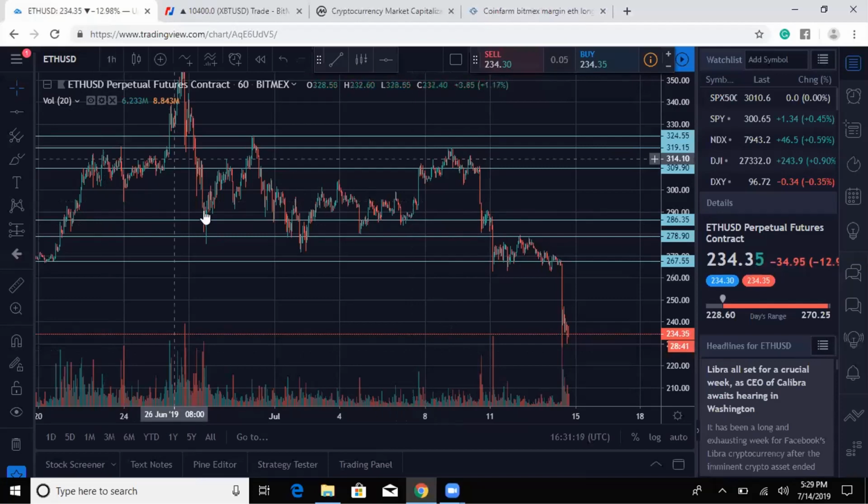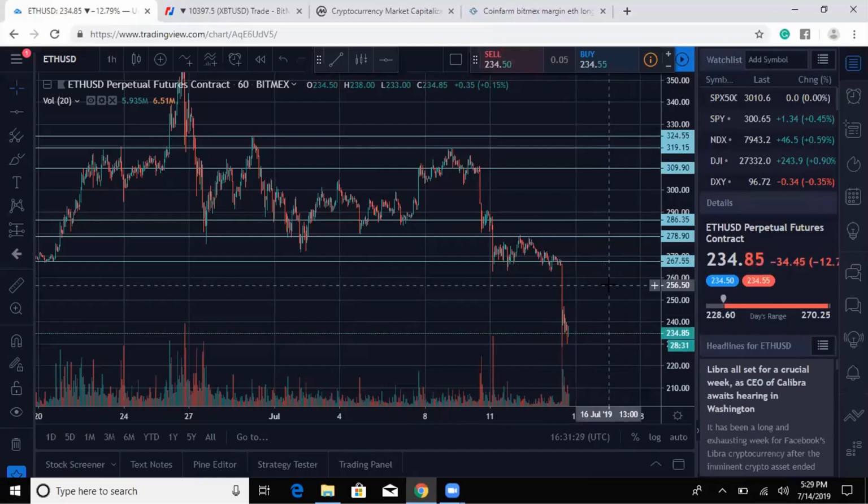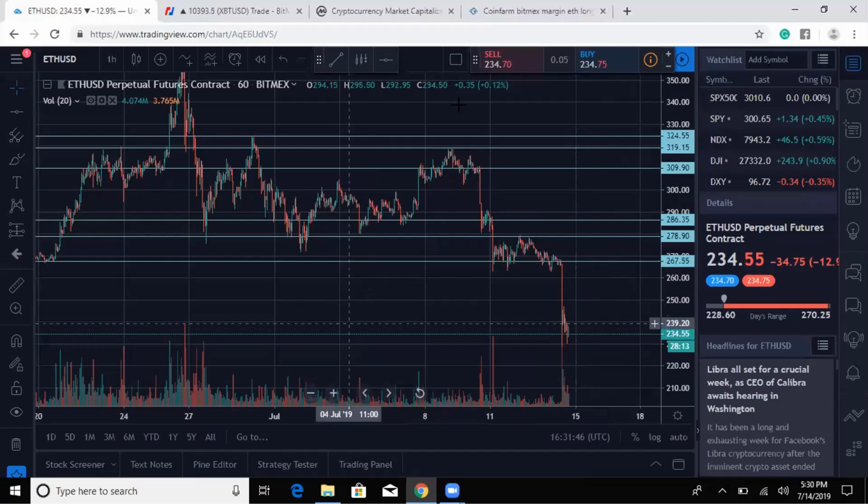If I'm trying to base my confirmation of where the market is going, I base it on the 1 hour. I base a lot of my entry points on the 1 hour. And then once I see that in the 1 hour the trend is really strong, I use the 15 minutes to get in and get out on quick trades.